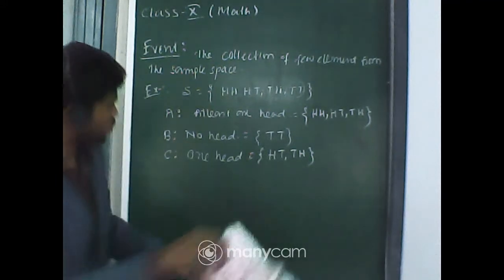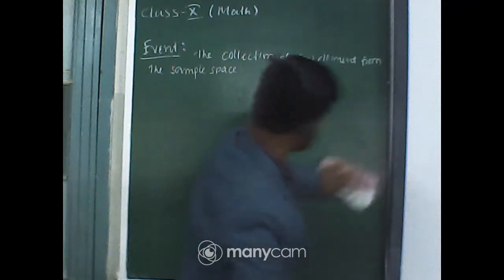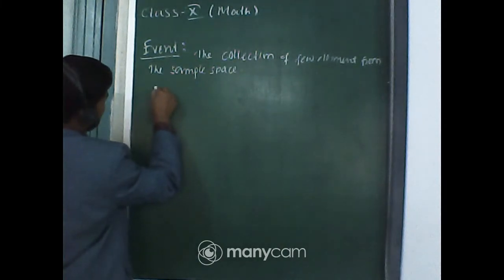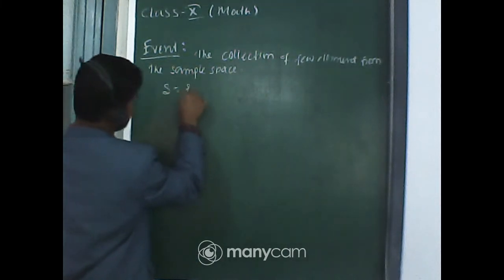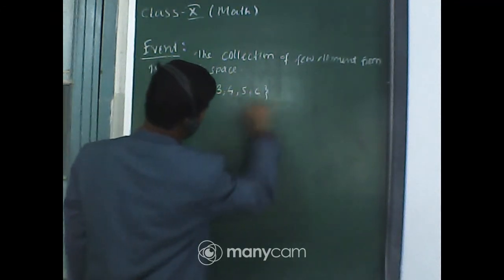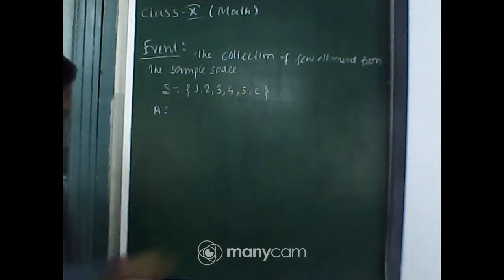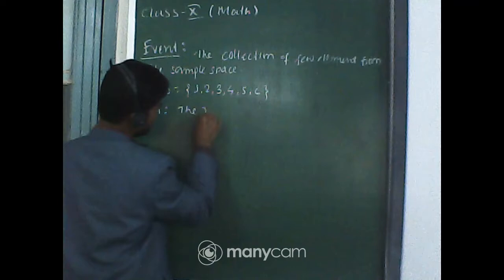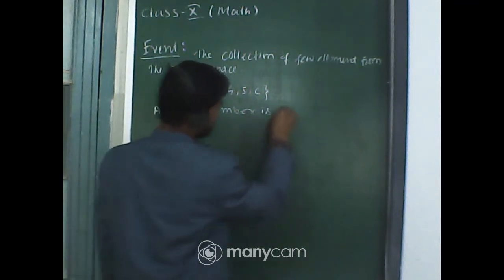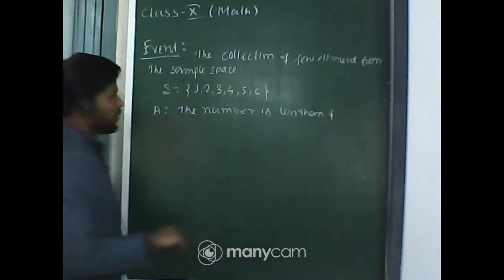Okay, let's choose one more example. Suppose we are tossing a die. In that case the sample space will be 1 2 3 4 5 6. Now if I choose an event A, the number is less than 4.